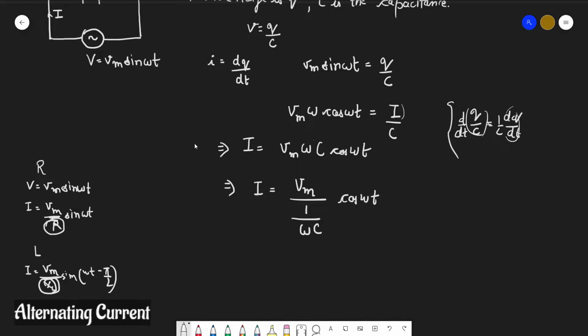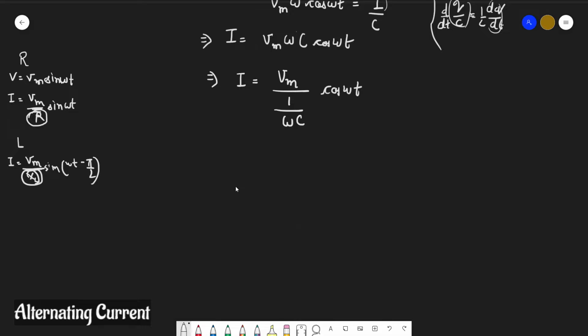Moreover, if I write it in the expression of a sine, cos theta can be written as sine of theta shifted by 90 degrees, so it is sine of theta plus 90 degrees. You can know this from mathematics. The 90 degree shifted versions of these are complementary functions, cosine and sine, so a 90 degree shift of one function will give you the value of the other function.